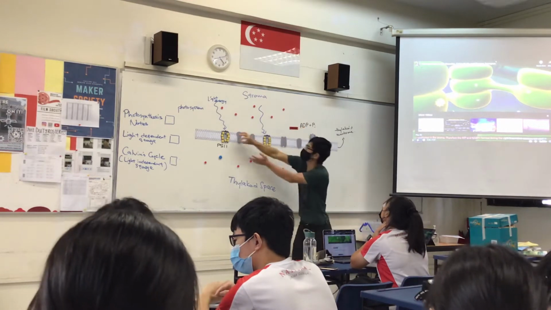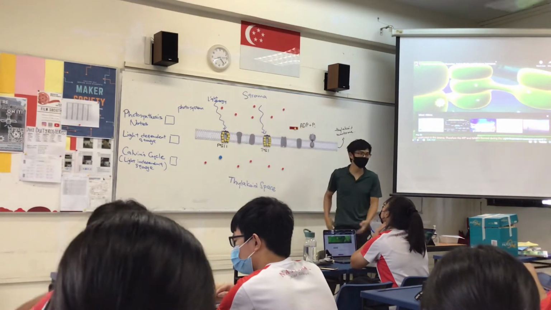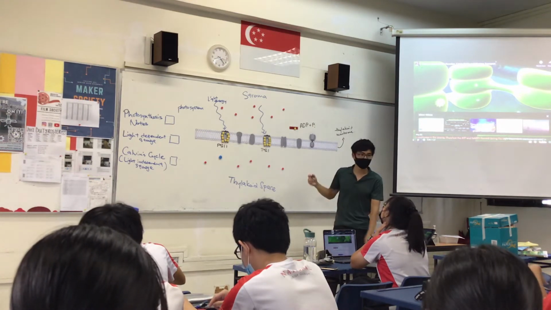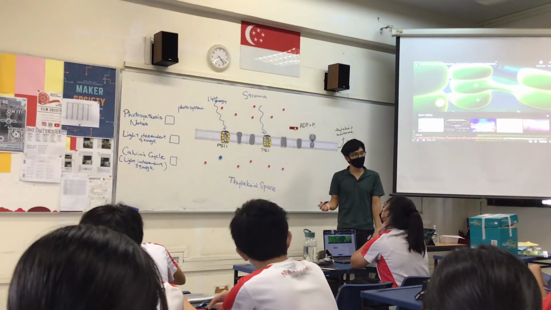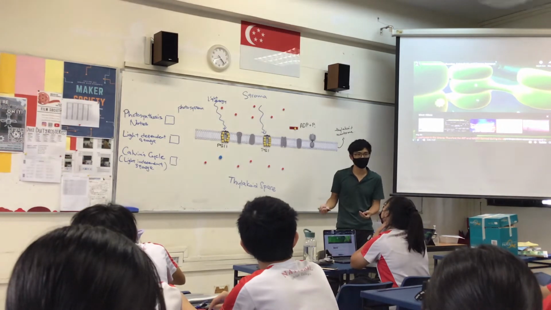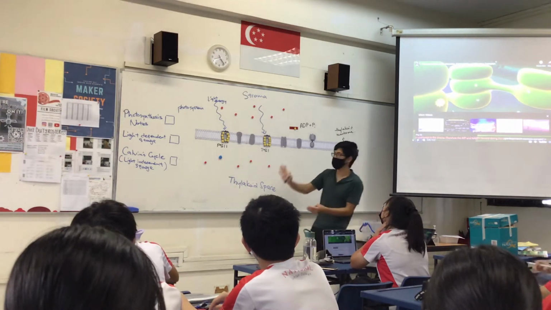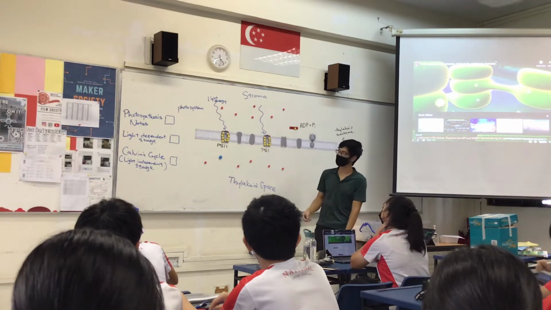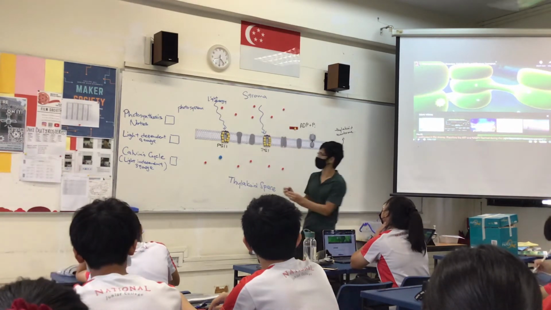As the electrons flow down the chain, the usual stuff happens. Energy is released and we get to pump hydrogen ions. Except we pump them in a different direction now. In oxidative phosphorylation, I kept pumping them out from the matrix to the intermembrane space. In this case, we pump them inside.